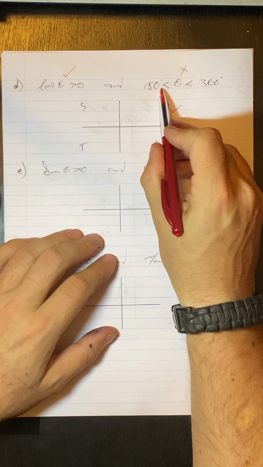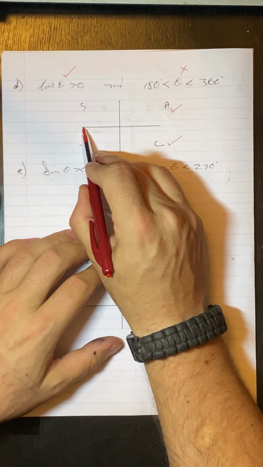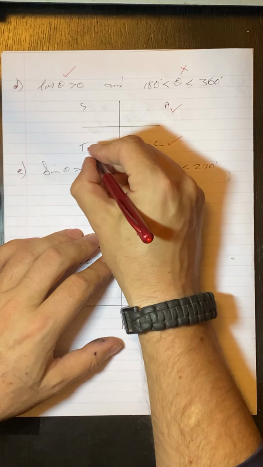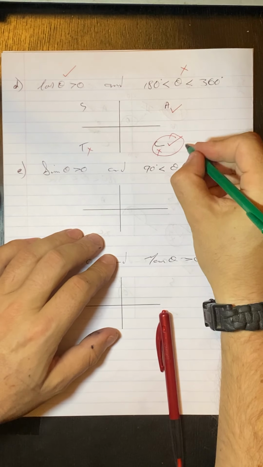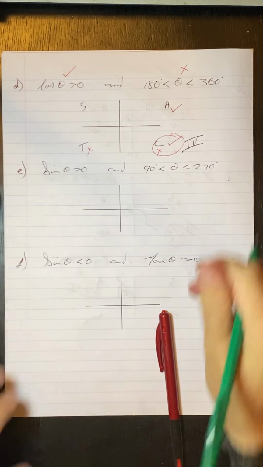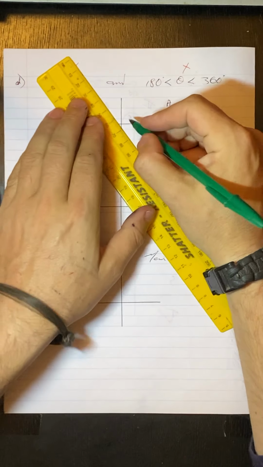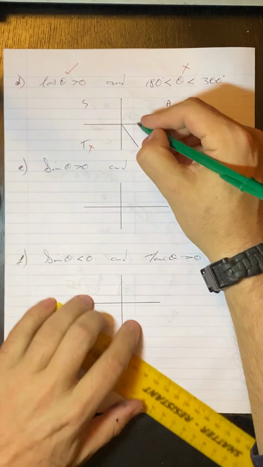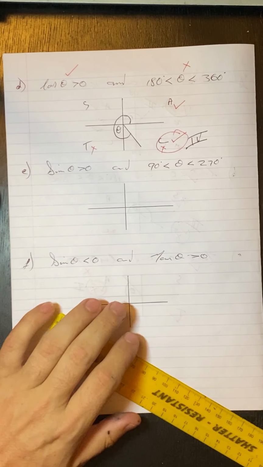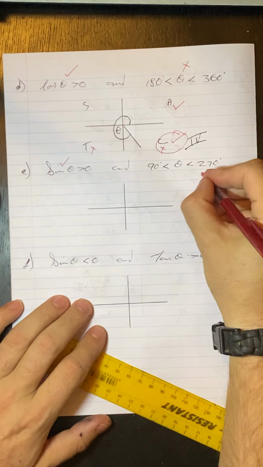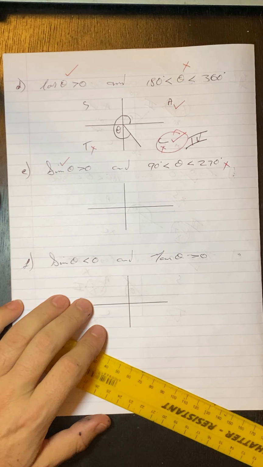This is saying between minus 180 and 360. Well, there's 180 and there's 360, so it's there and there. Where do they both agree? Over there in the fourth quadrant. So I know my angle will lie somewhere in that quadrant there. Mark that one with a tick and that one with an X.